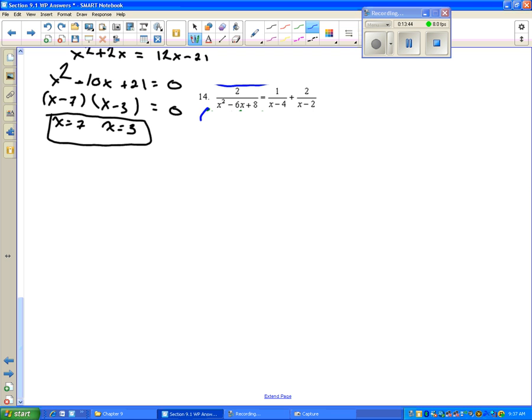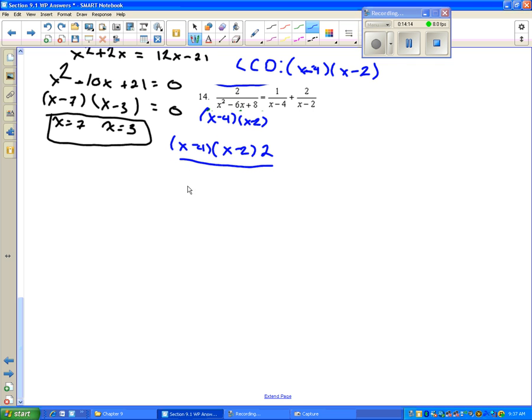So as I started up there, I factor this to x minus 4 times x minus 2. My LCD is going to be x minus 4 times x minus 2. When I multiply that in here, I'm going to get x minus 4 times x minus 2 times this 2 divided by my denominator of x minus 4 times x minus 2.